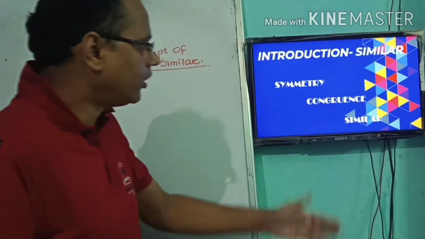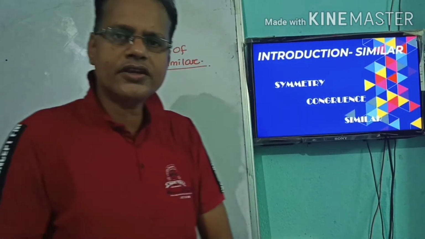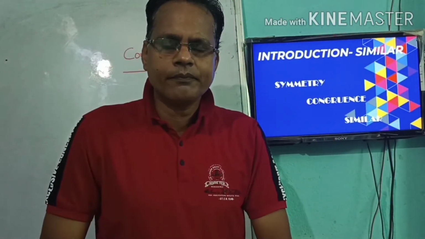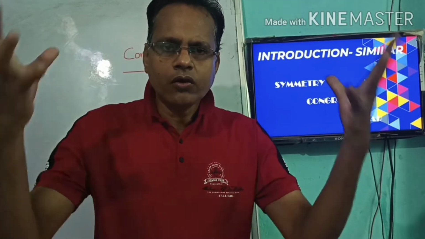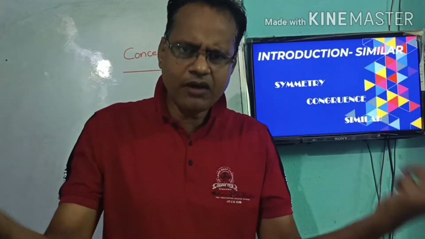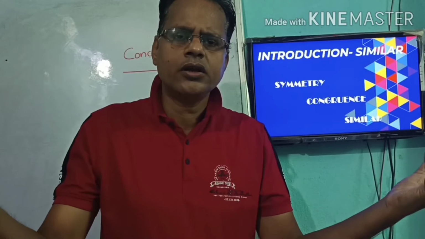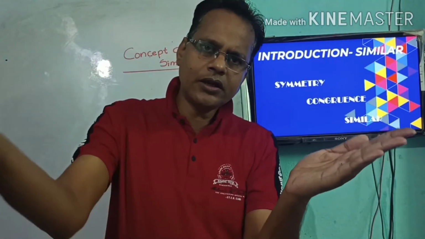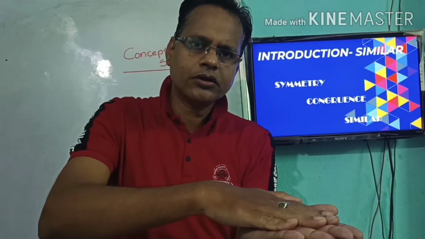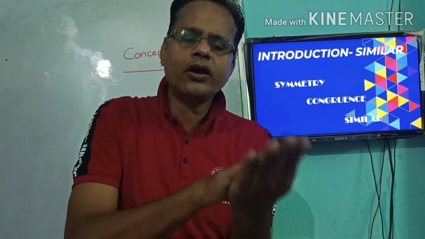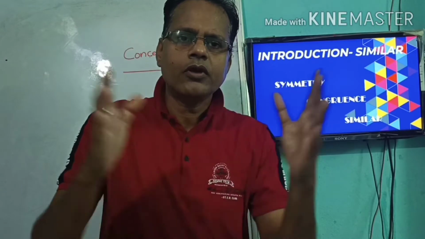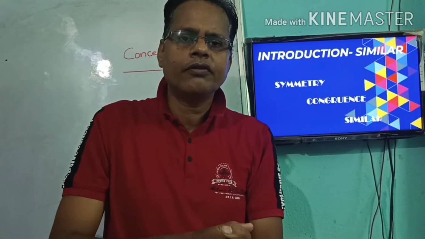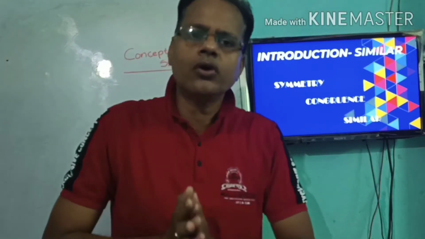In the same way, you know very well regarding congruence. Any two-dimensional figure, maybe a triangle, maybe a quadrilateral, maybe anything, when one figure is completely matched when superimposed one upon another, this is the concept you know as congruence.